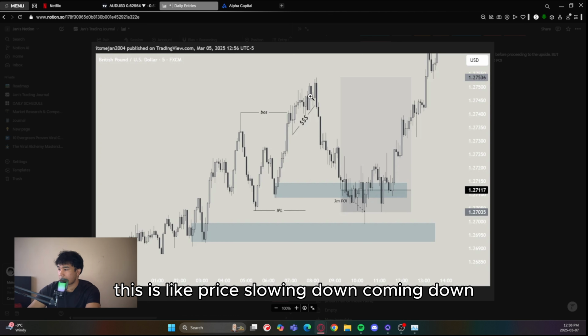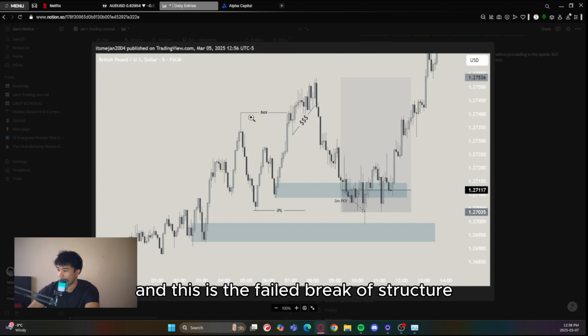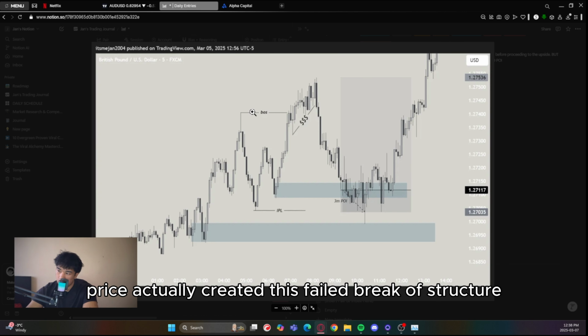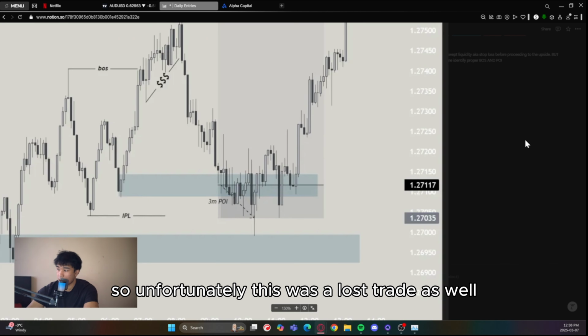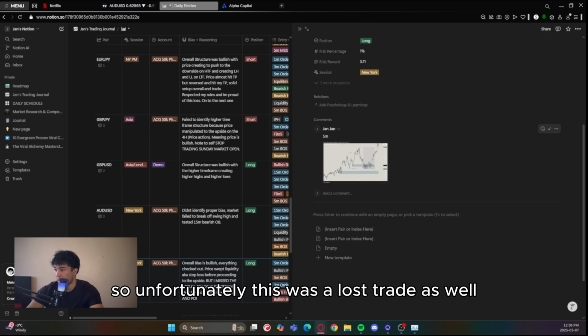This is price slowing down, coming down. This one is a continuation, and this is the failed break of structure. So price created this failed break of structure, came back down, and entered right on the dot on this 5-minute point of interest with this internal point low, which brought it up to the upside. So unfortunately, this was a lost trade as well.